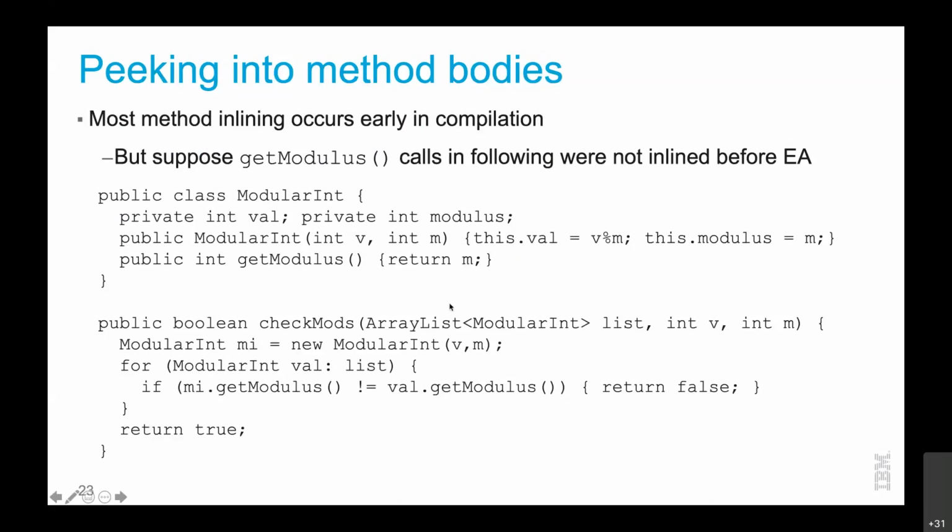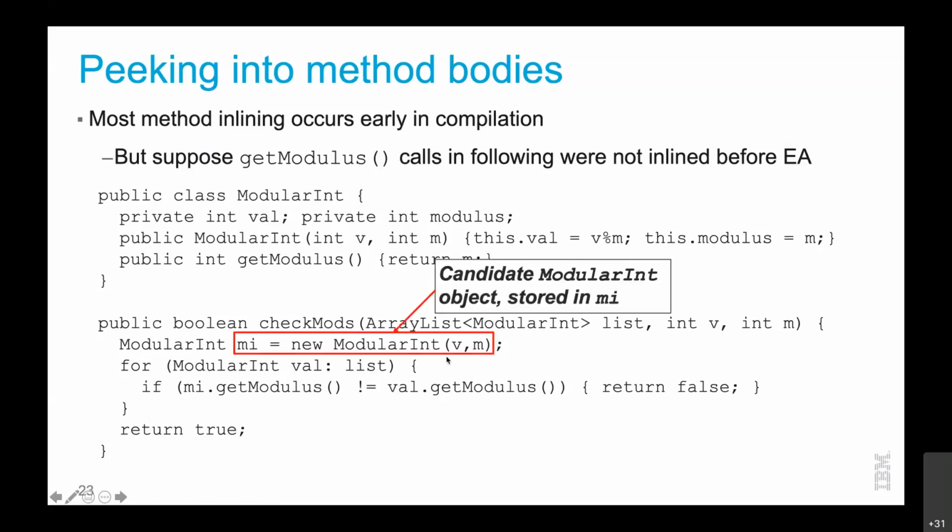In any event, let's say I'm iterating through an array list that contains a bunch of modular ints, and I'm checking to see whether they all have the same modulus as some other modular int that I'm constructing within this method. So the modular int I'm constructing here is a candidate for stack allocation.